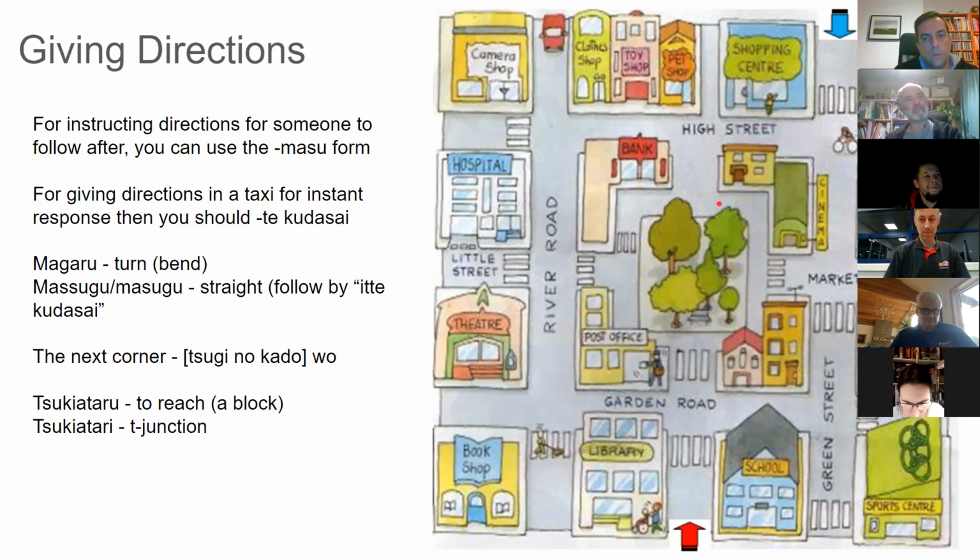This is still a corner, so you could still say tsugi no kado o hidari ni magatte, but you can say flow to the left. So for example, hidari ni nagarete. But if you use magaru, this is also fine. Hidari ni magatte. This is still a corner.